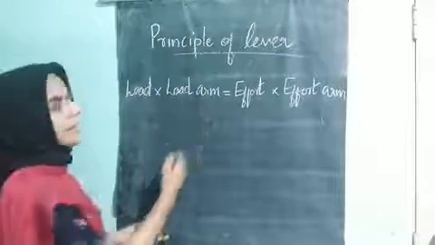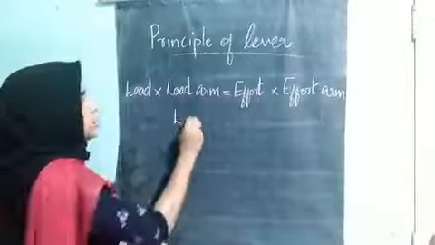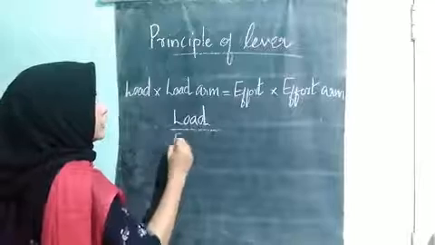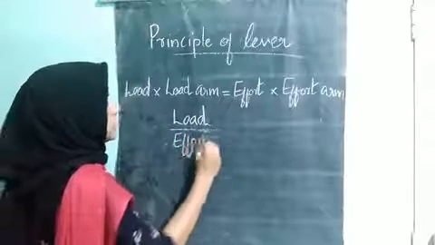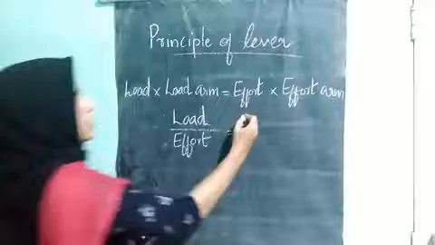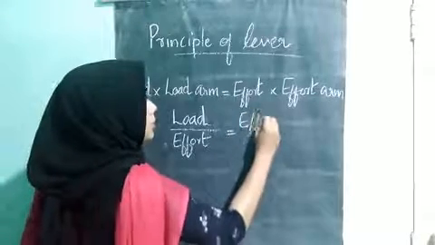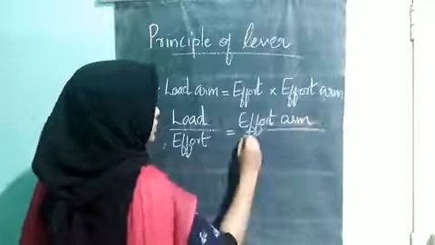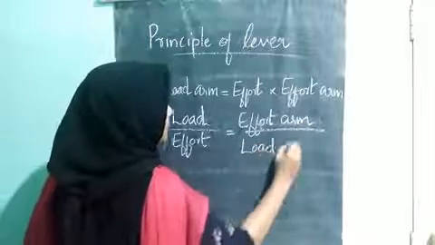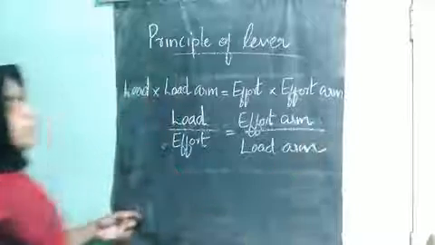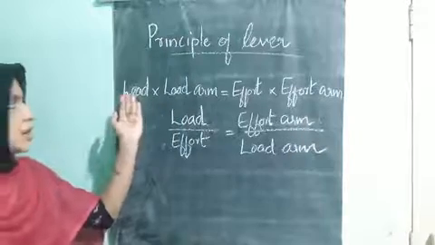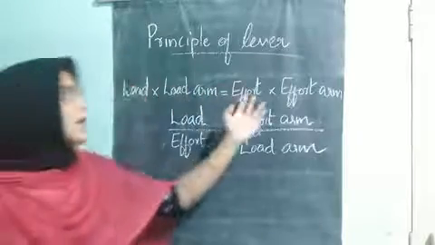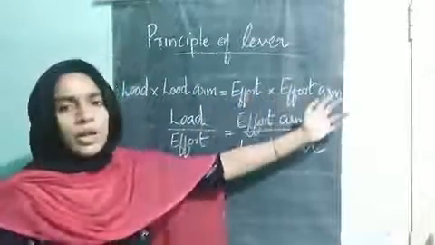This we can rewrite as load by effort is equal to effort arm by load arm. When you check the equation, you can see that load into load arm equals effort into effort arm.